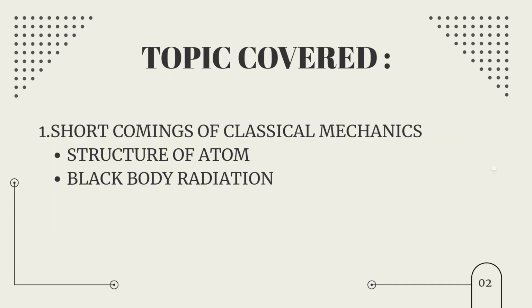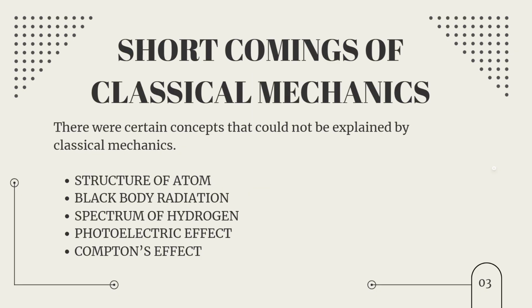The topics which we are going to cover in the lecture are shortcomings of classical mechanics, that is, structure of atom and black body radiation. Now, shortcomings of classical mechanics. What's the meaning of shortcoming? It means failures of classical mechanics.